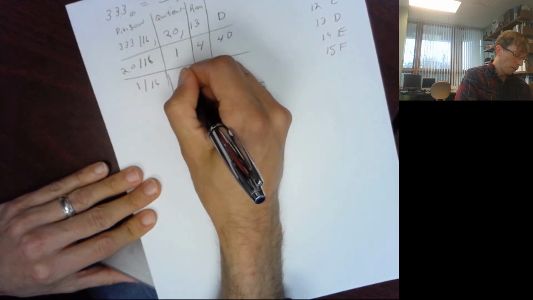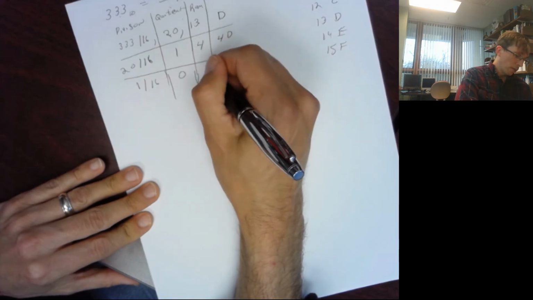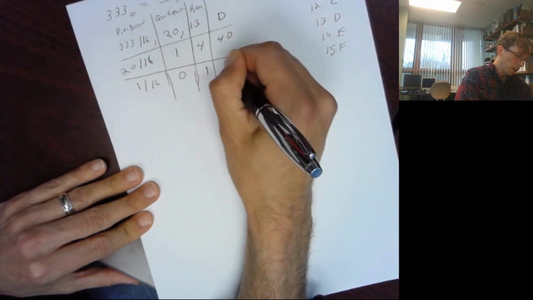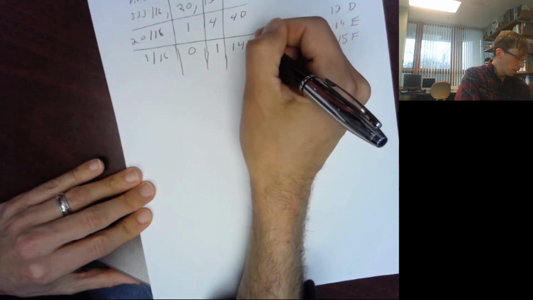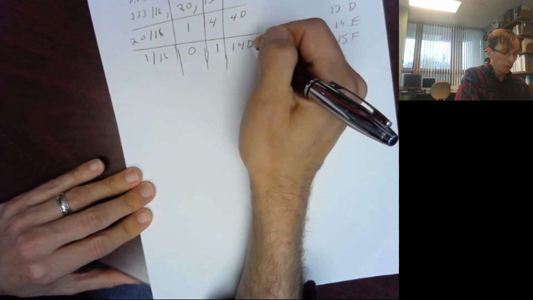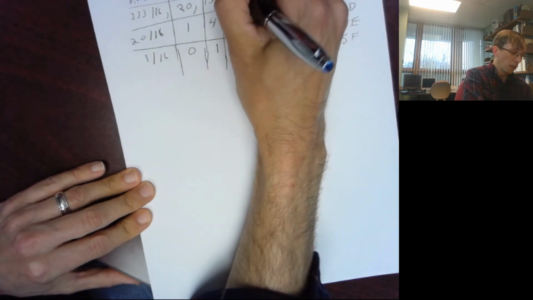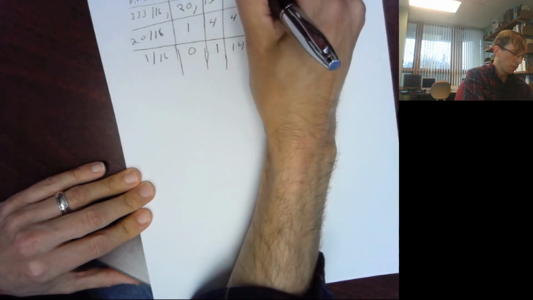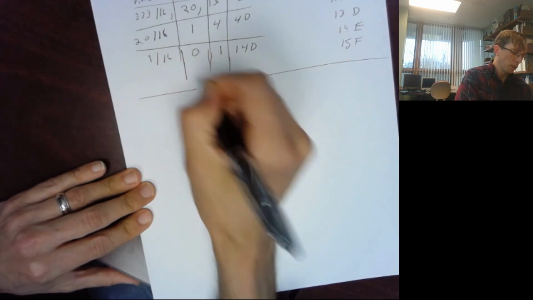Again, that won't go in there, so that gives us a quotient of 0 there, and a remainder of 1. So 1 4 D. And again, we could check our work. I would encourage you to do so. I'll leave that as an exercise for you.